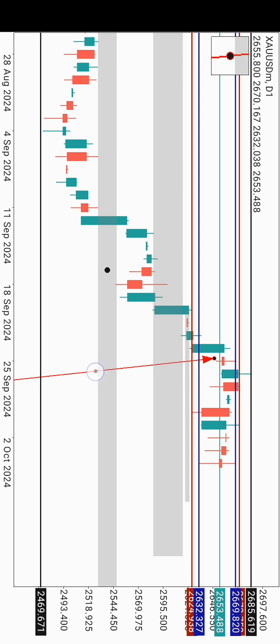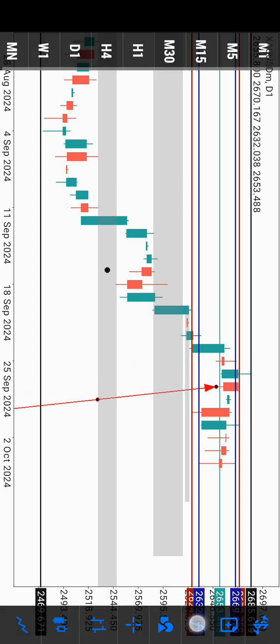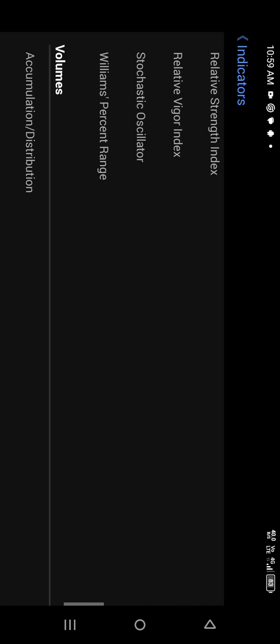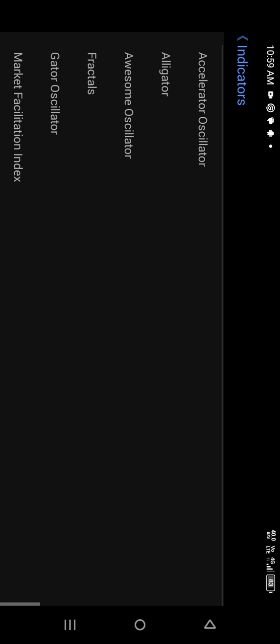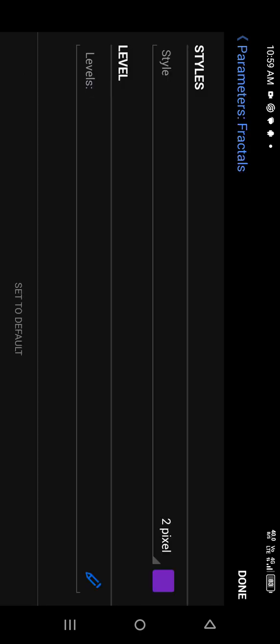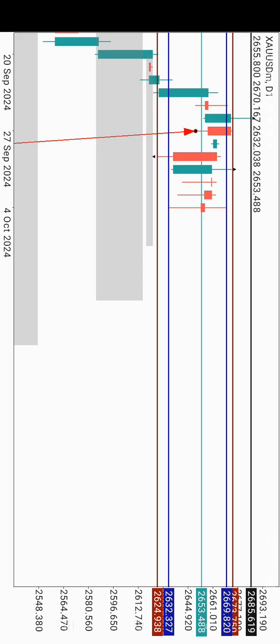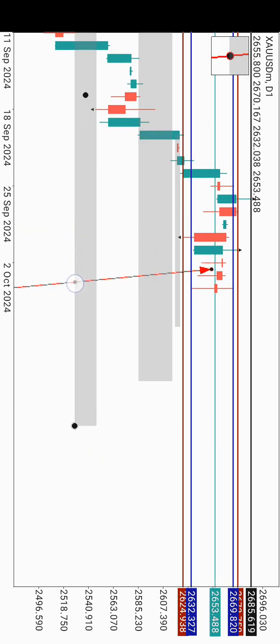It breaks this previous daily low, this low. Okay, let me add fractals so that you will see the swing highs and the swing lows on this. Okay, let me use black. All right, so you see the swing.